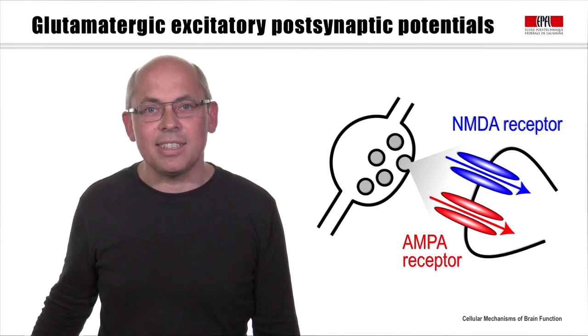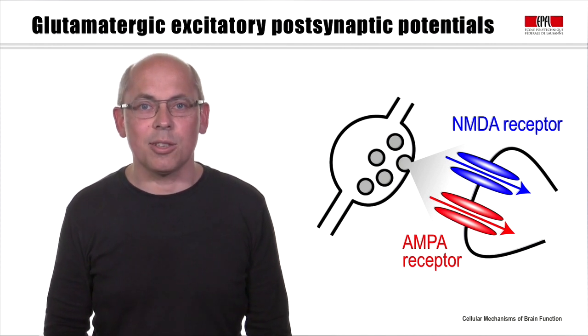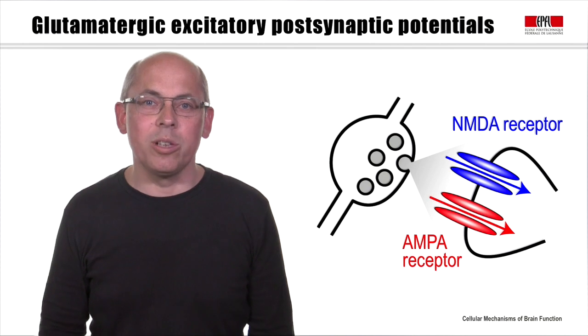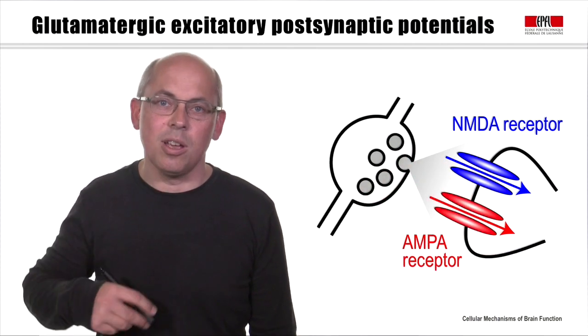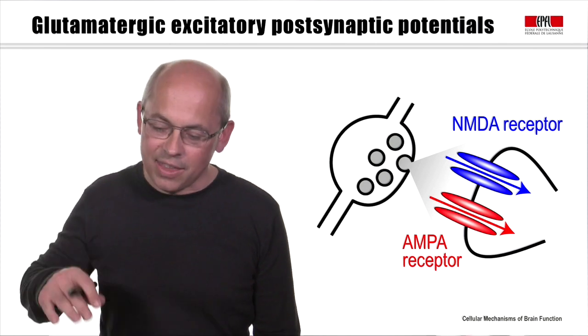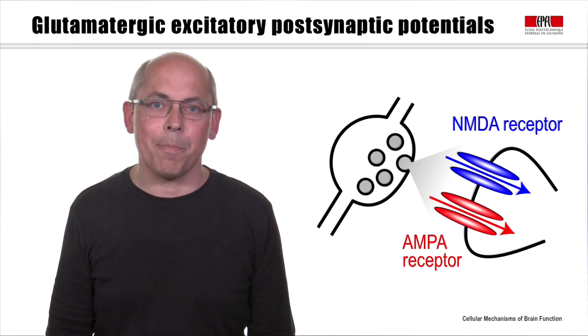And so now, instead of considering what happens in response to a 1 millimolar pulse of glutamate for 1 millisecond, we'll consider the more physiological situation where an action potential evokes release of glutamate, and that acts on these receptors present in the postsynaptic membrane.